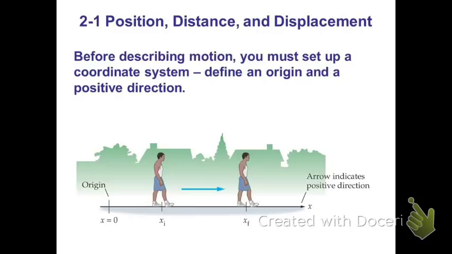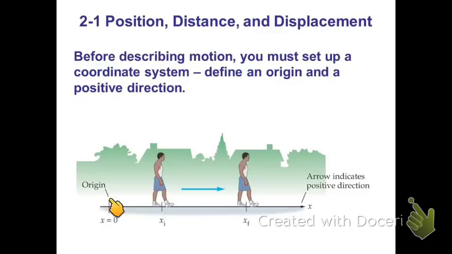Okay, before describing anything, we must first set up a coordinate system. Since we are dealing with only one dimension, we use only one line for our coordinate system, and the direction of the arrow indicates the positive x direction. That means if you are going this way, you are increasing your position with respect to the origin.